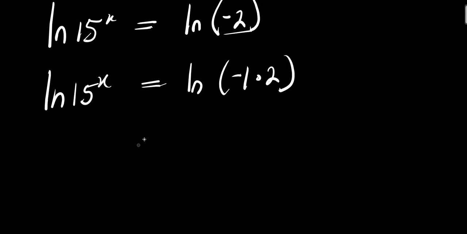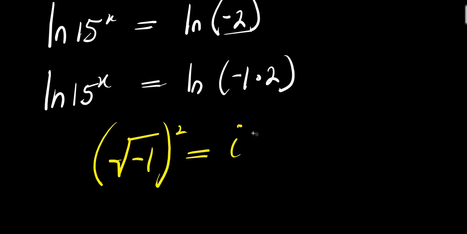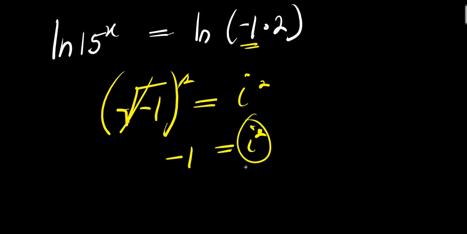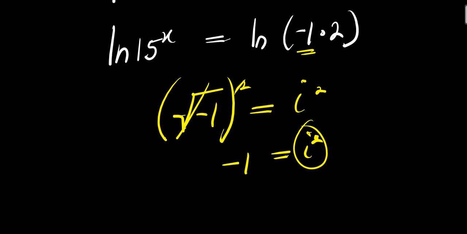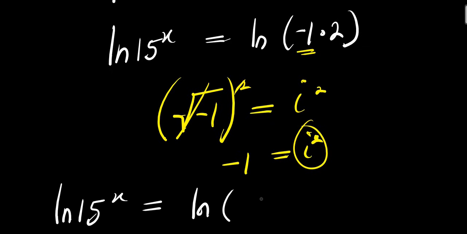And also, consider this, don't forget this, that if you have square root of negative 1 this time around, this equals i. And if you decide to take the squares, this will eliminate this. That means negative 1 equals i power 2. So this negative 1 here is the same thing as i power 2. So we simply have natural log 15 power x equals natural log of i power 2 times 2.